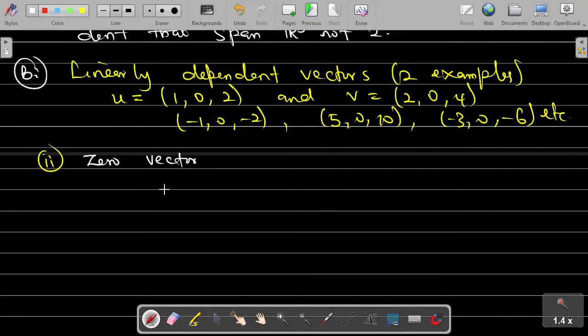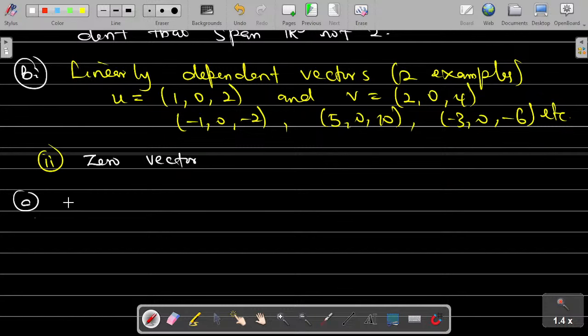A 0 vector will just have 0 entries on every one of its components. So you can try that. As an answer, it has to be a 0 vector to be a single vector that will be linearly dependent. Now let's go to question C.